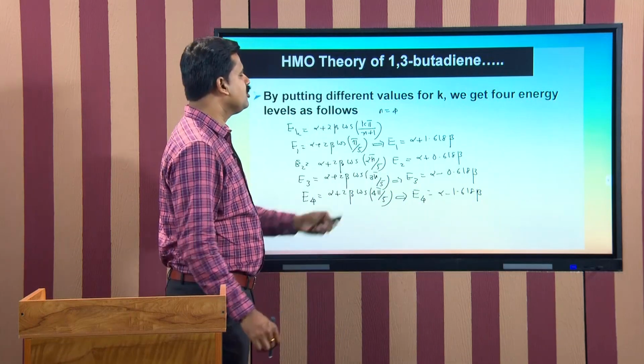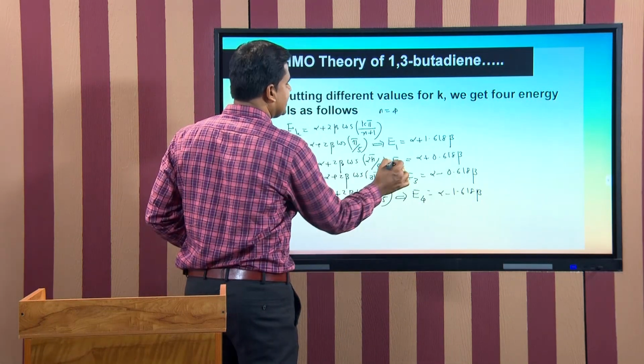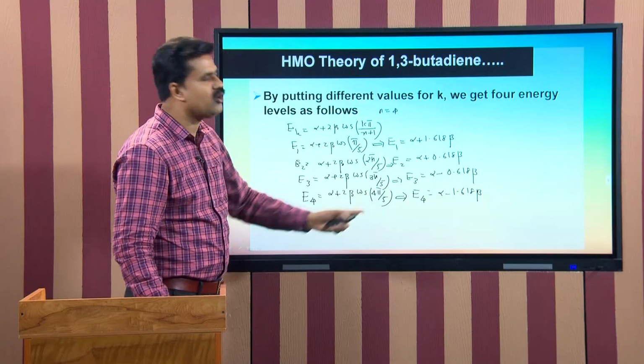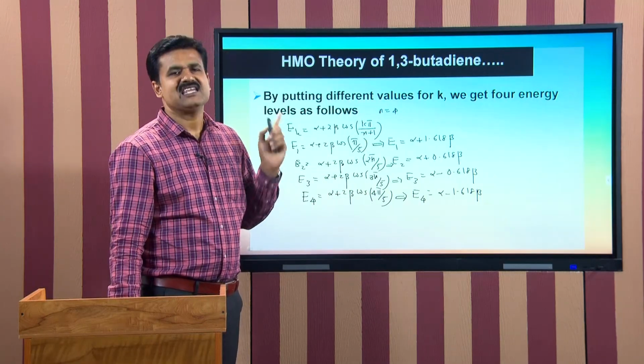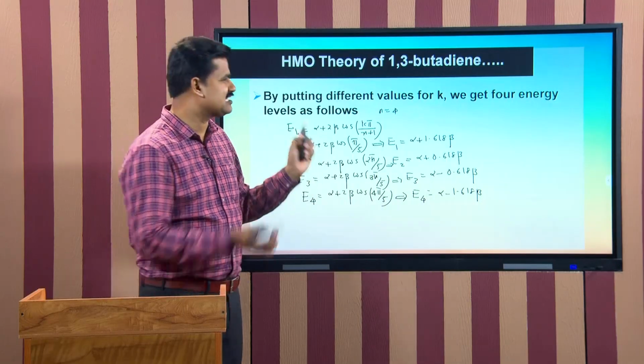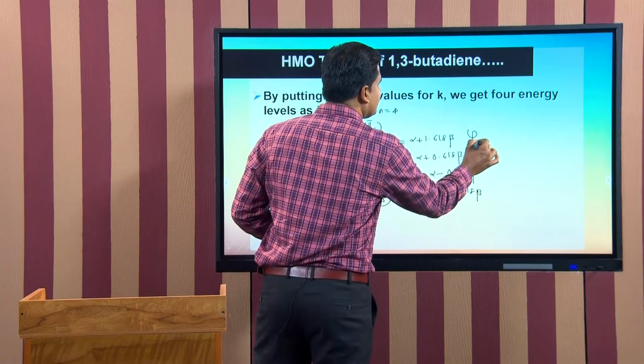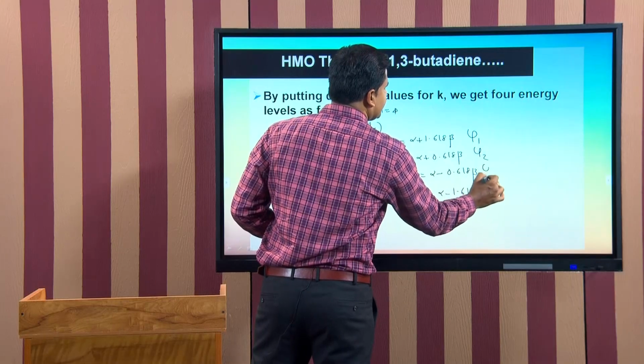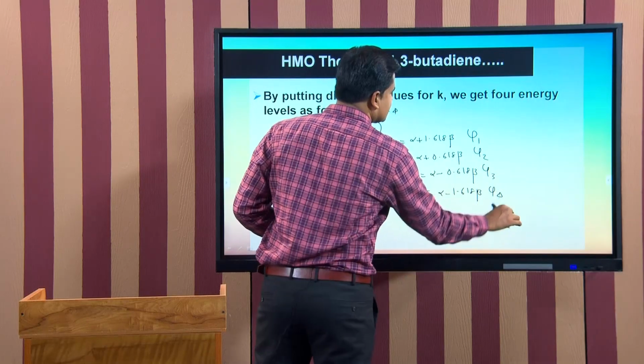So we got 4 different energy levels, and these correspond to 4 Huckel molecular orbitals, namely psi1, psi2, psi3 and psi4.